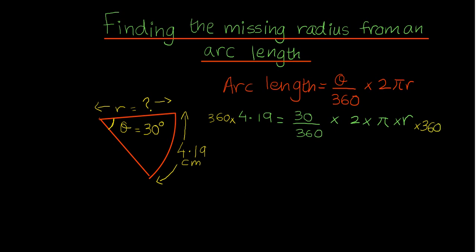Obviously this can be done in fewer steps, depending on how easy you find rearranging formulae. So the two 360s on the right hand side will cancel out, and then you're left with 360 times 4.19 on the left hand side, and you can actually work out the value for this if you want.